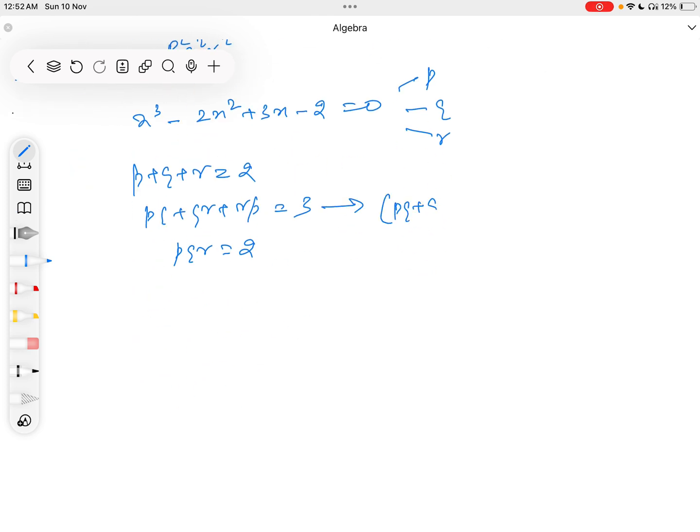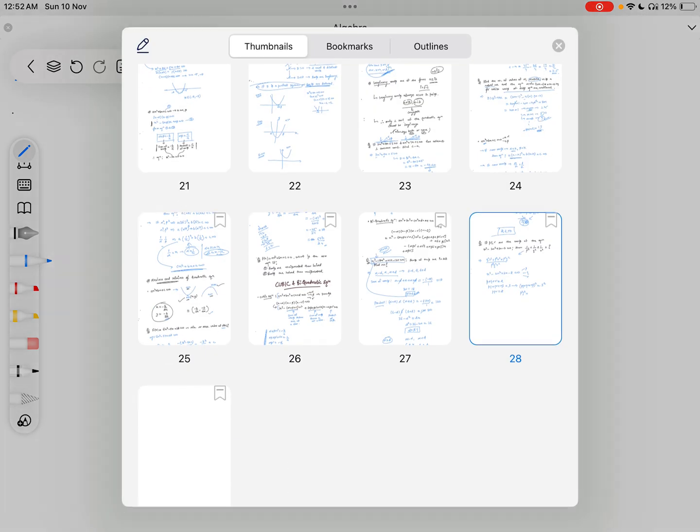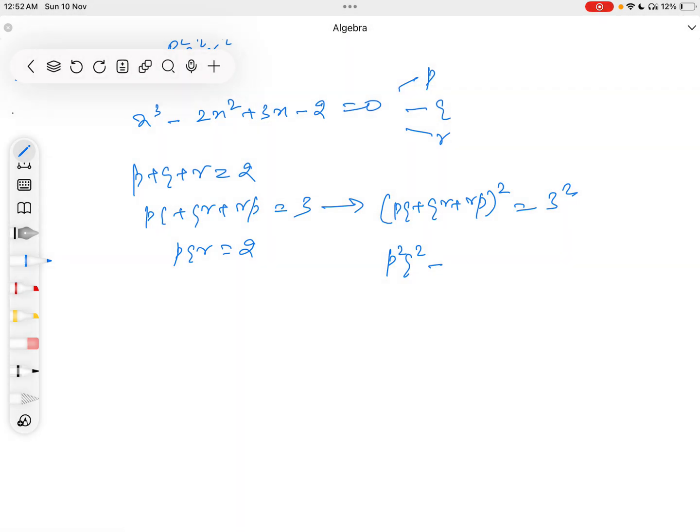Now let's square this. So (pq plus qr plus rp) whole square is going to be 3 square. So this can be written as p square q square plus q square r square plus r square p square plus 2 times of pq multiplied by qr plus qr multiplied by rp plus rp multiplied by pq.